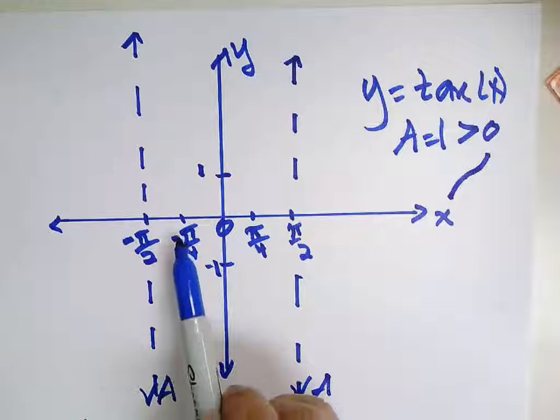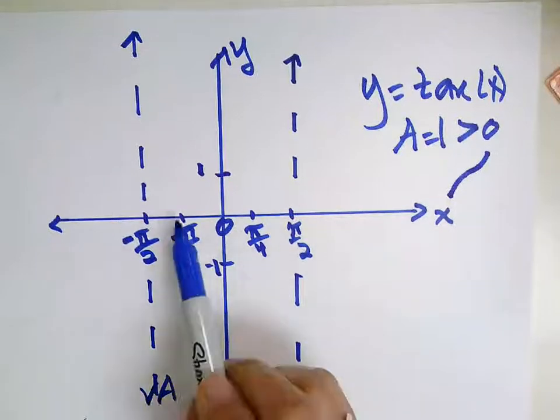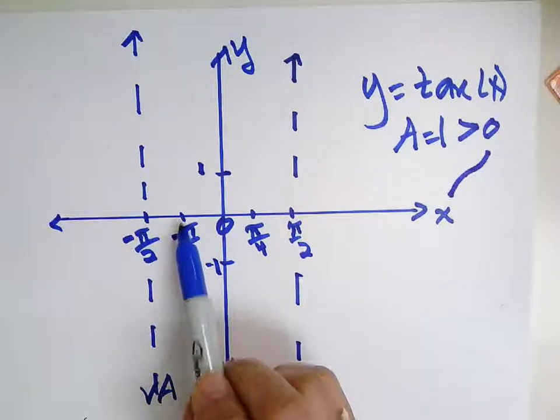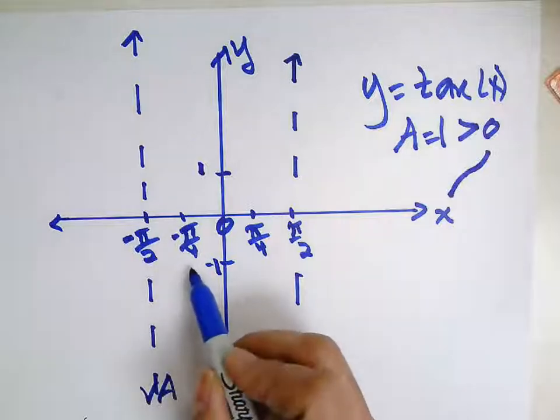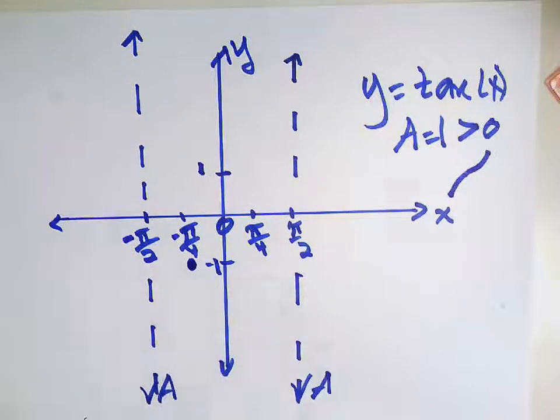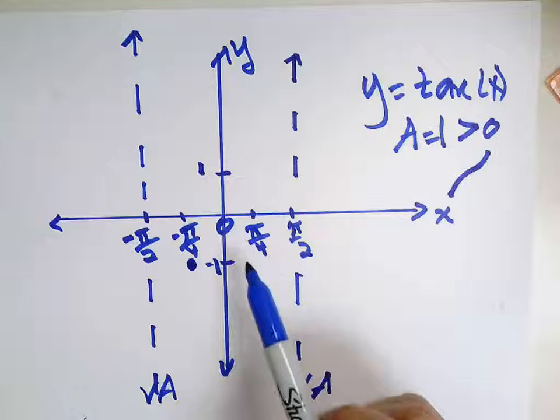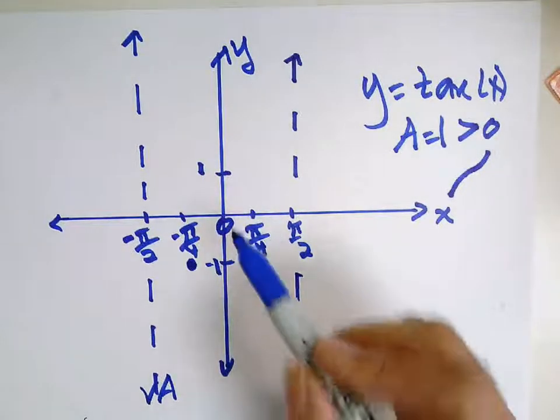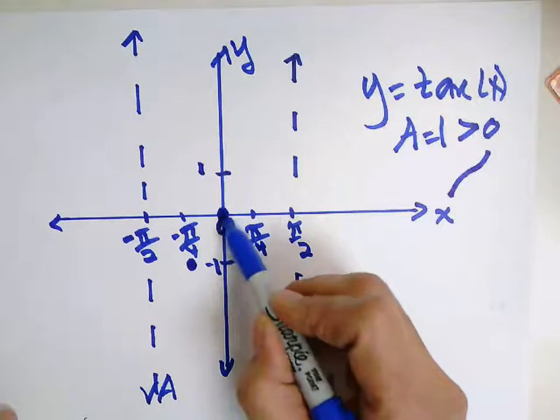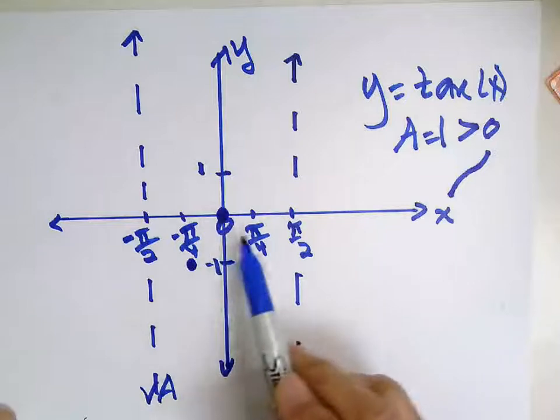But you see the second critical number, since we know it's looking like this, we go down to the A that's negative 1. And the middle critical number will always be an axis point.